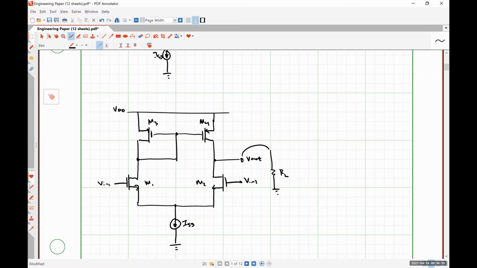As we increase VN1, or we increase the amount of differential voltage, that means that the small signal level at VN2 has to go down, which means this voltage at this node has to increase. There's less current, so we should see this voltage going up.